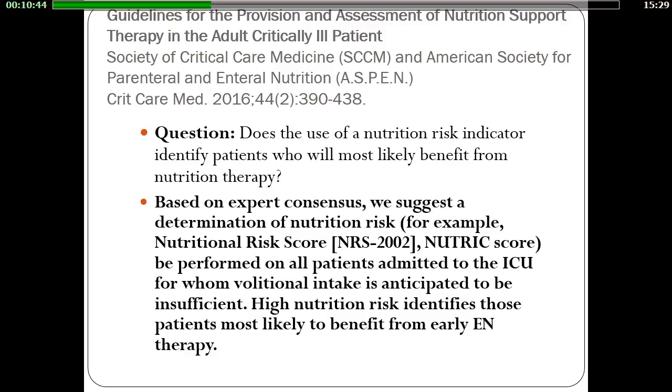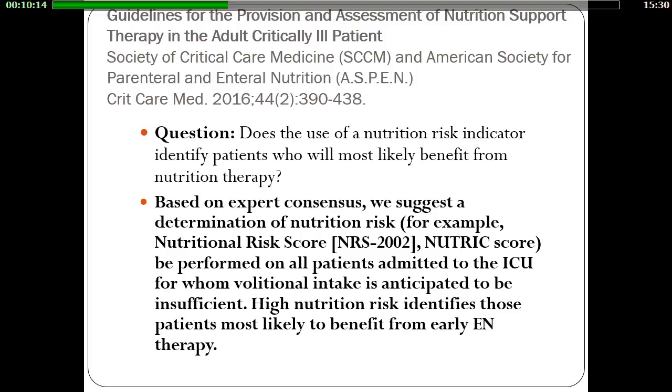One of the questions was, does the use of a nutrition risk indicator identify patients who will most likely benefit from nutrition therapy? Based on an expert consensus, implying that there is no robust evidence, they suggest a determination of nutrition risk, for instance, using a nutritional risk score or a Nutric score, I will show you both in the next slides, to be performed on all patients admitted to the ICU for whom volitional intake is anticipated to be insufficient.